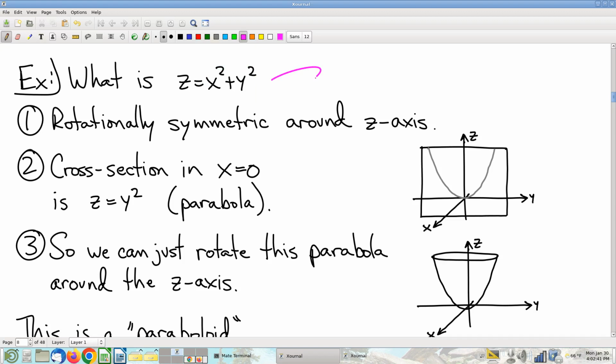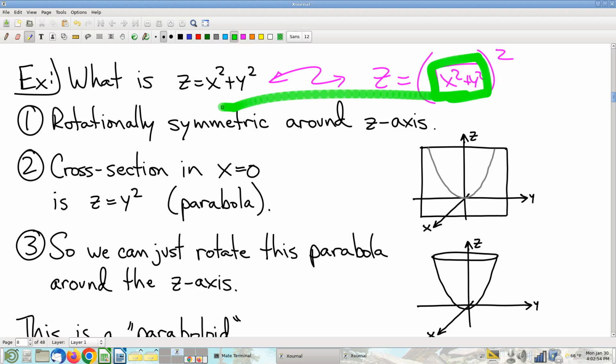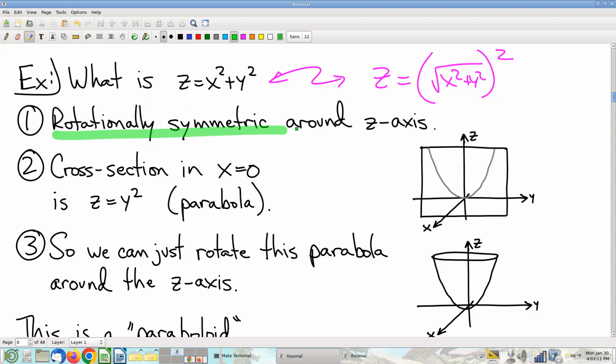Let's rewrite this as z equals the square root of x squared plus y squared, and as desired, x and y appear only in the special form. So, cool. Nice little upshot: if you're missing the square root, don't worry about it. It's fine.